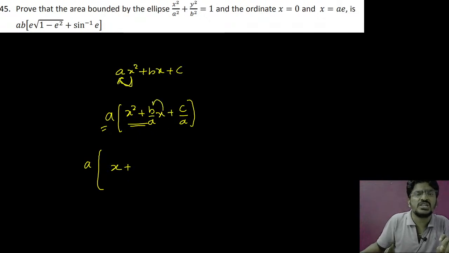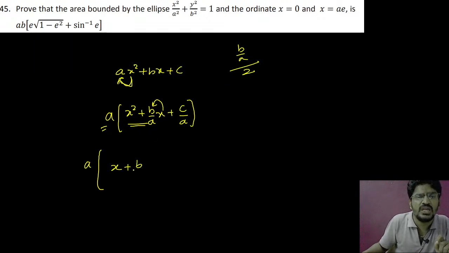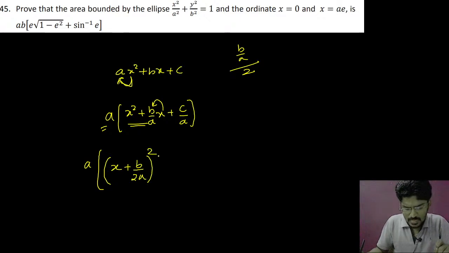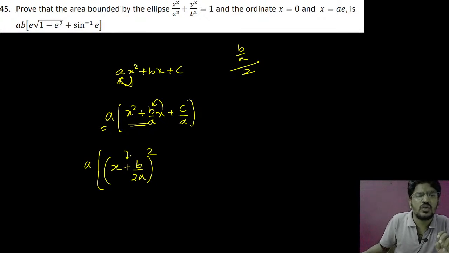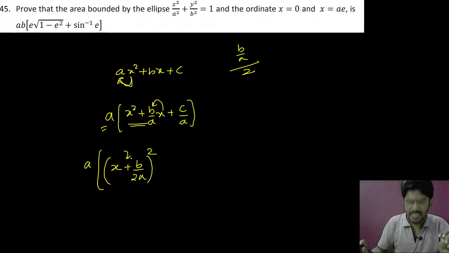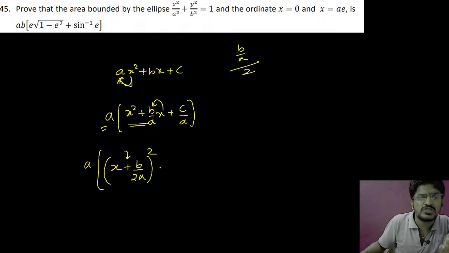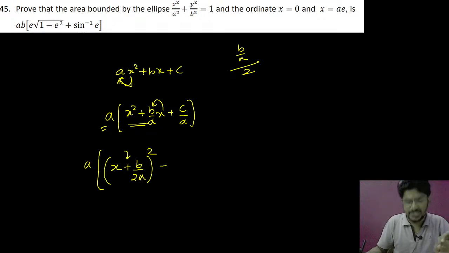The coefficient of x is b by a. This has to be divided by 2. So that will be nothing but b divided by 2a. Now for this we have to put square. Next, whatever be the sign, it may be plus, it may be minus, outside we should take minus.